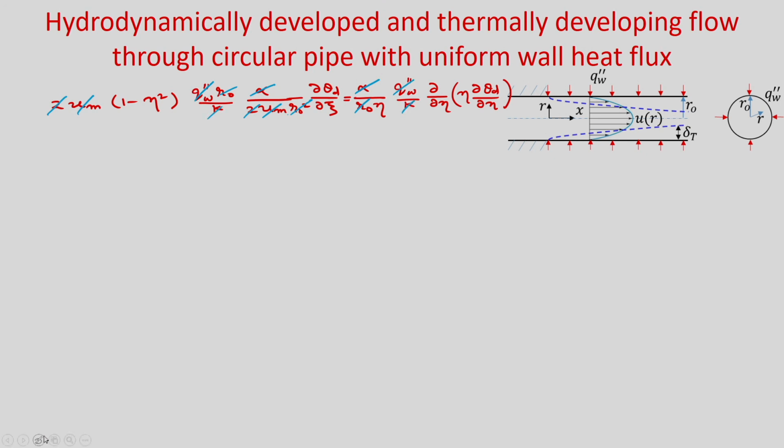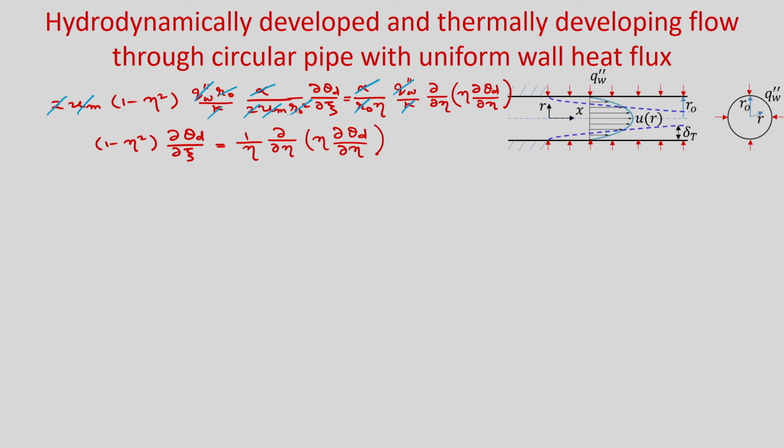Okay. So, you can write the final equation as 1 minus eta square del theta d by del zeta is equal to, okay, you can write 1 by eta del of del eta into del theta d by del eta. So, now we will use the separation of variables method. So, what is the separation of variables method?